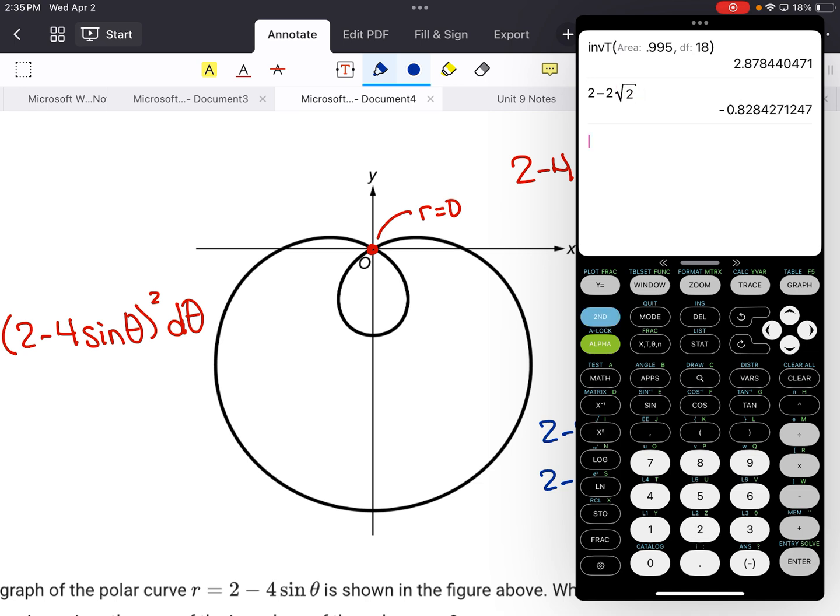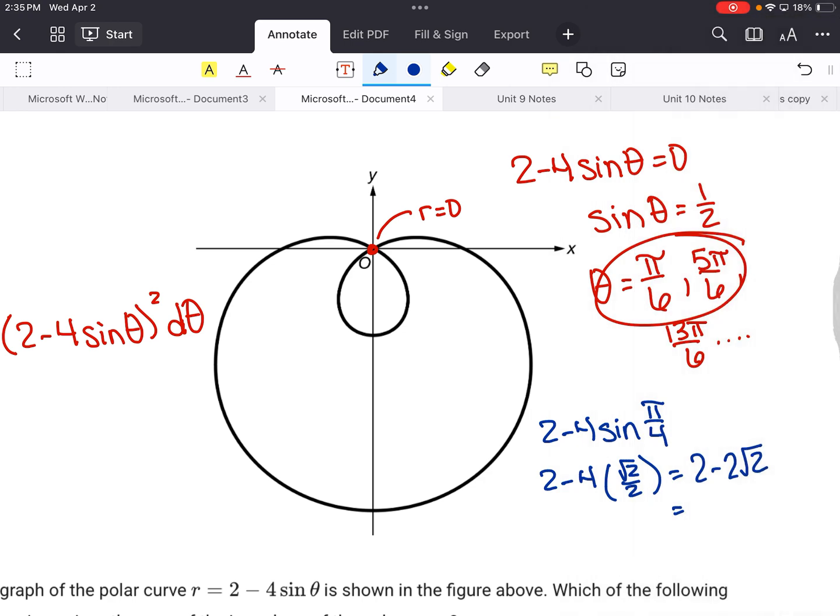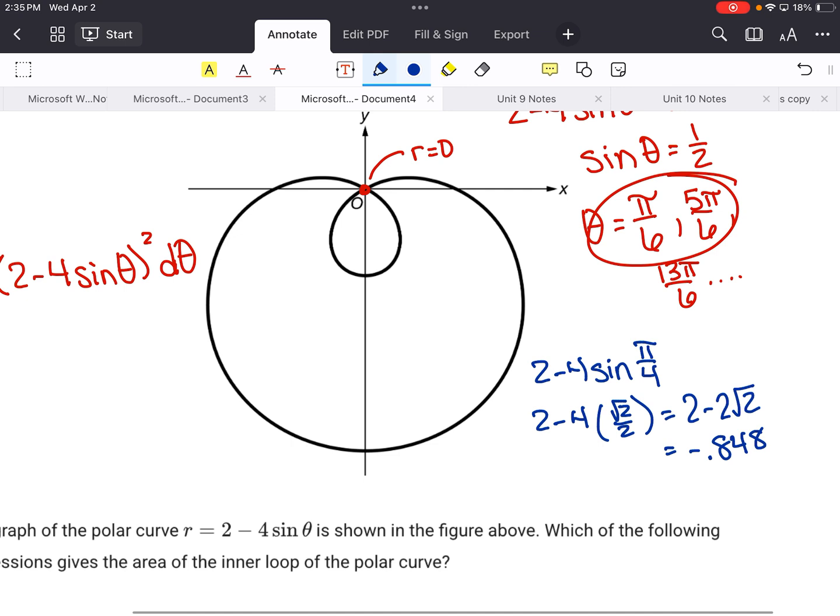is negative 0.828. Okay, so just a reminder, what does it mean when the radius is negative? That means at a 45-degree angle, go the opposite direction. So that would be 0.8 units, the opposite of 45 degrees.